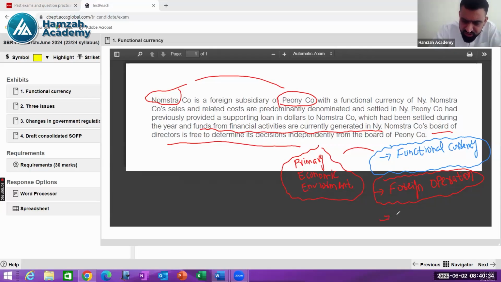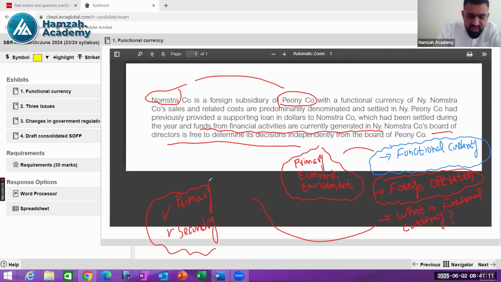Then, in a third stage, now you need to identify the functional currency of the Numestra. Now, in that discussion, we have in IAS 21 primary factors and secondary factors to determine the functional currency.